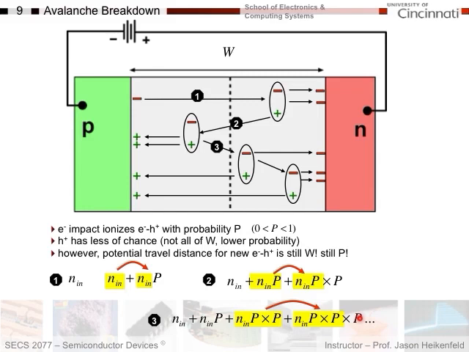If I have a hole, you know, electron had all this distance to get the energy it needed, right? Well, you know, this hole doesn't have as much distance to go to gain the energy it needs, right? And so it only has this much distance, whereas this electron could have used the whole width to get the energy it needs to cause a generation of a second set of electron hole pairs.